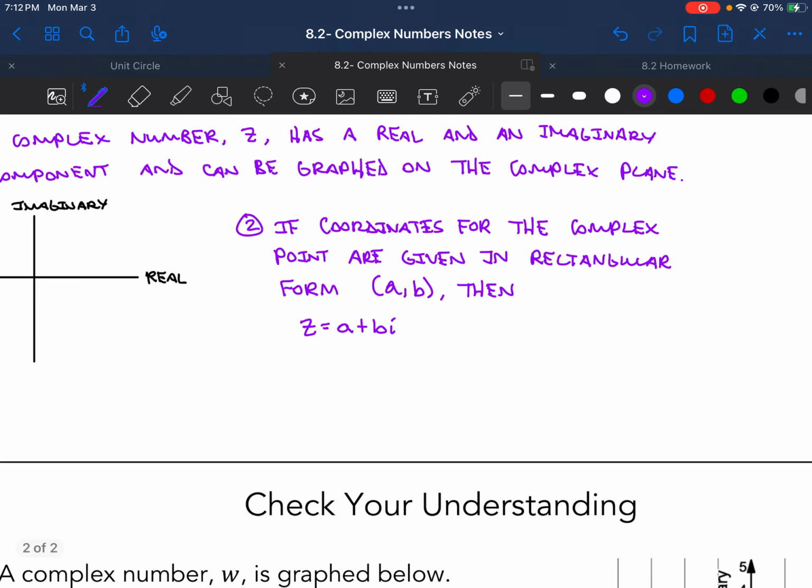Let's say your coordinates are given in polar form, r comma theta.